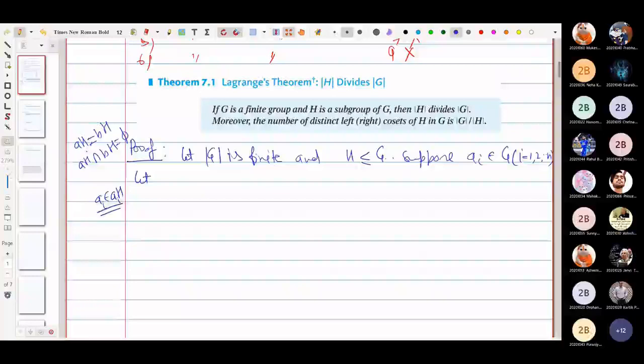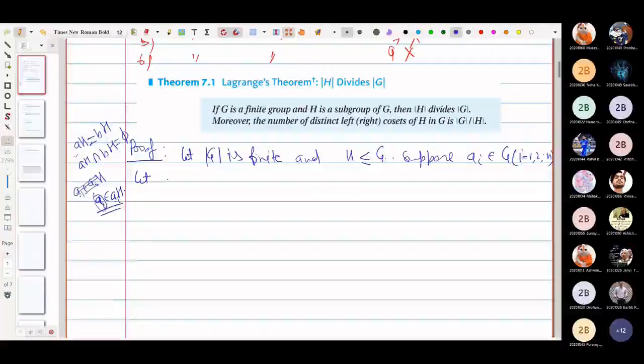Fine. So here, as we know, if a_1 belongs to a_2H, then a_1H and a_2H will be exactly the same. Okay. Otherwise, both will be exactly the same because either they are exactly the same or they are totally disjoint. So these are the things.